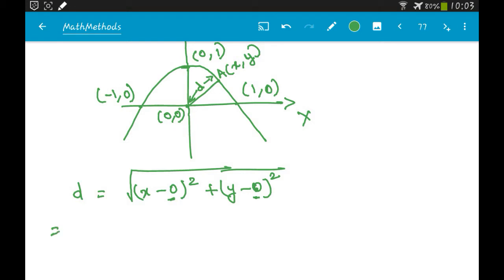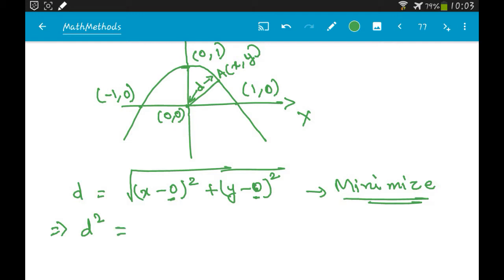Alright, so we have to minimize this. Dealing with a square root is generally difficult, so we will try to minimize d square. If we minimize d square, then obviously we are going to minimize d as well.